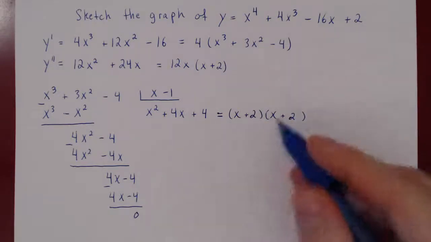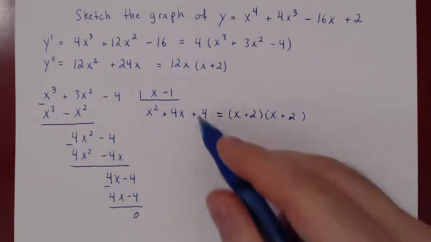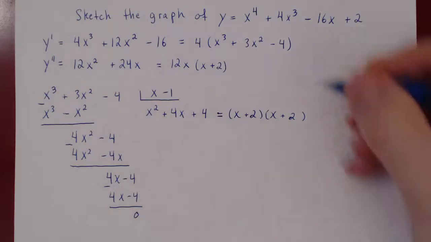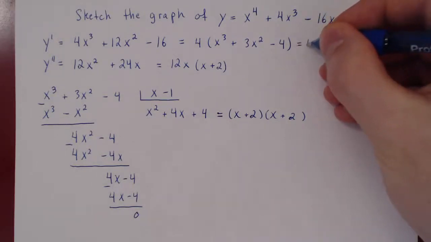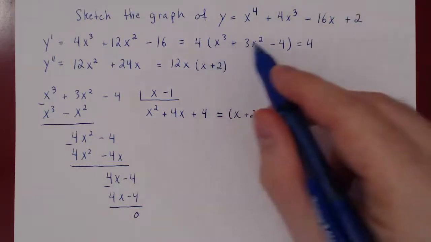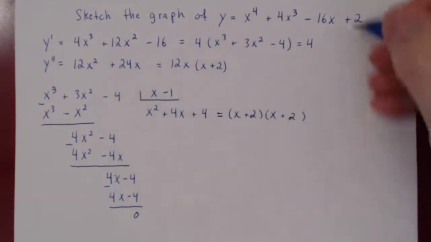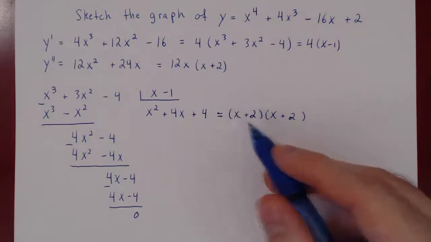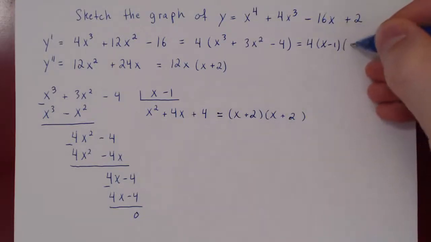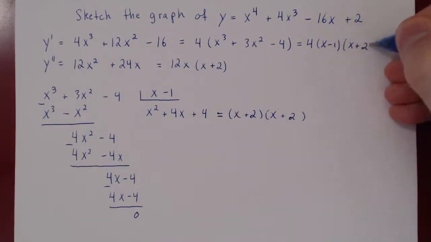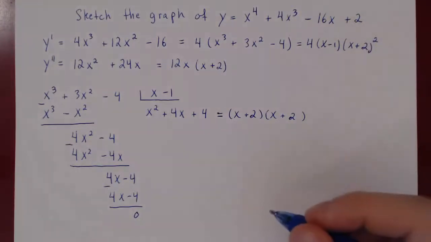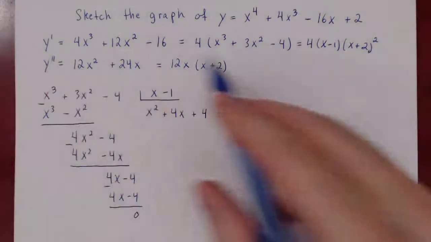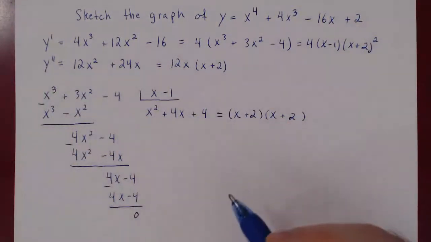So x squared plus 2x plus 2x plus 2 times 2, 4, is x squared plus 4x plus 4. There you go. And so we have factored our first derivative. This cubic is x minus 1 times x plus 2 times x plus 2, therefore x plus 2 squared. Okay, so now we have factored the first derivative and our second derivative.